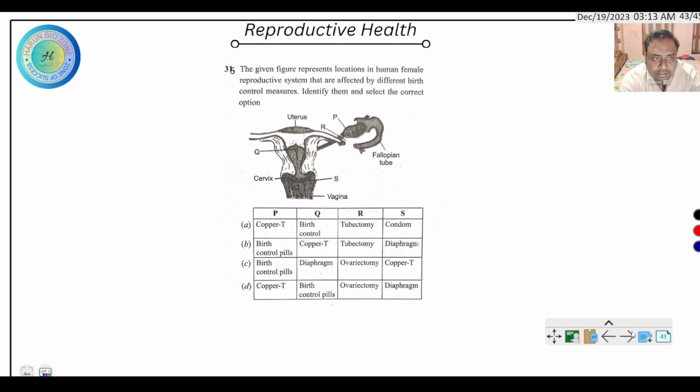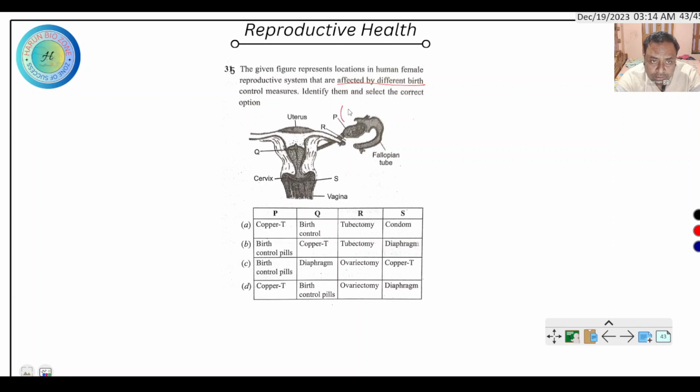Next question. The given figure represents locations in the human female reproductive system that are affected by different birth control measures. Identify them and select the correct option. First, P is the ovary.